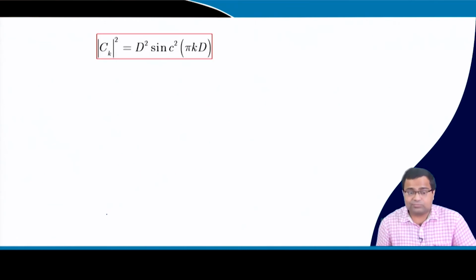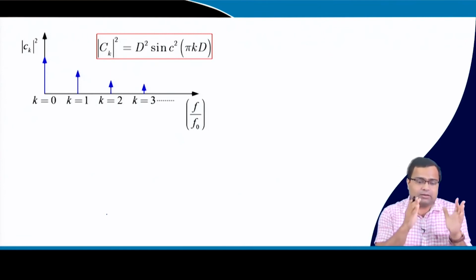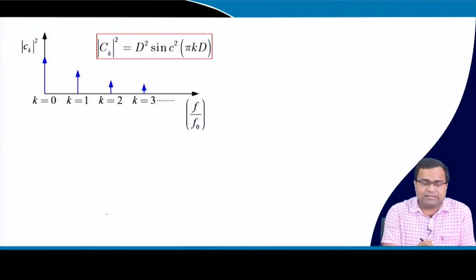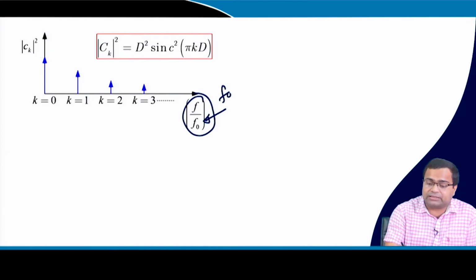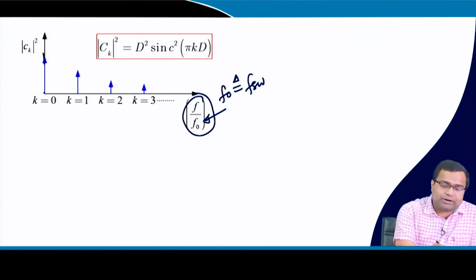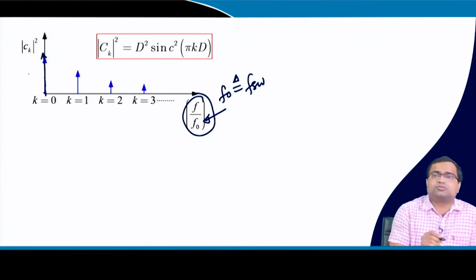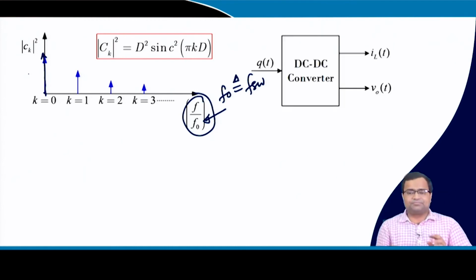Next, this power spectral density tells us the power content at different harmonics, that means at k equal to 0. So, this is f by f0, where f0 is our fundamental component, which is nothing but our switching frequency in this case, and the 0 component is the DC component, that means this corresponds to our duty ratio d into t, right, duty ratio, and the corresponding power.